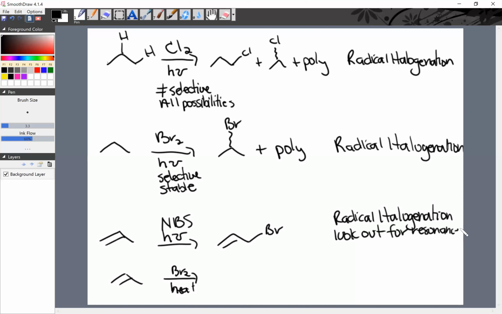look out for resonance. All right, what about the bromine with the heat? This one, yes, can also give you that one, but you also run the risk of, remember, going through that would give you anti, and I think I put too many hydrocarbons. 1, 2, 3.